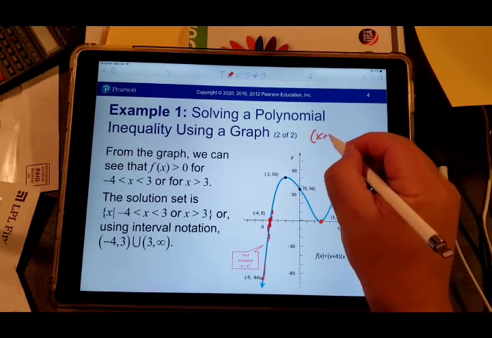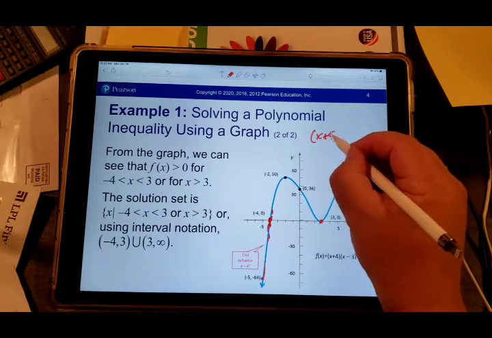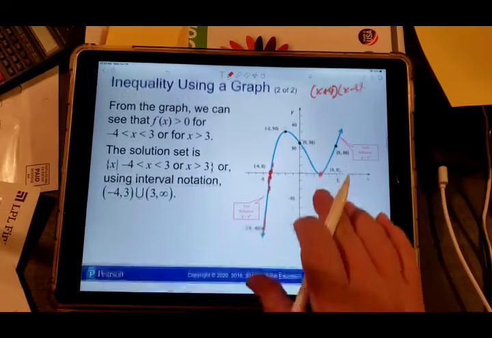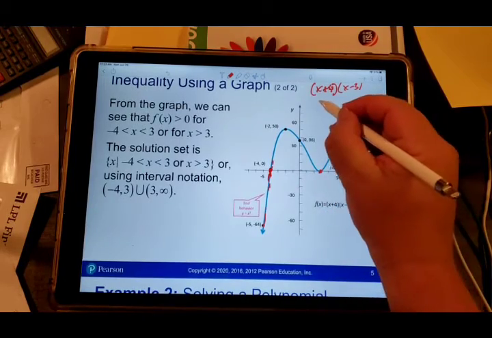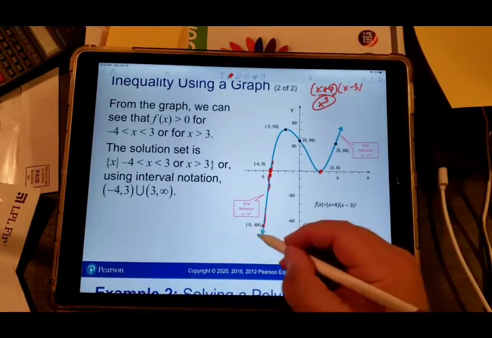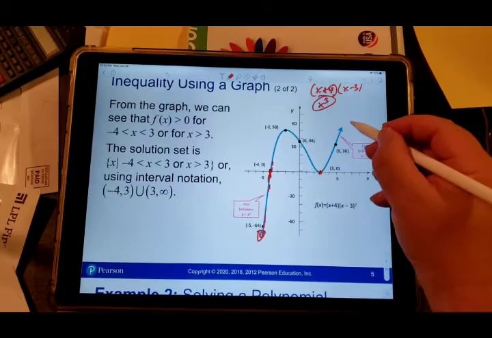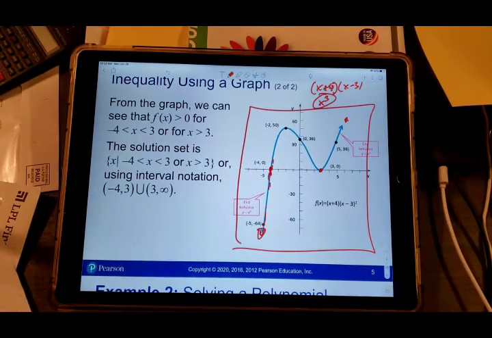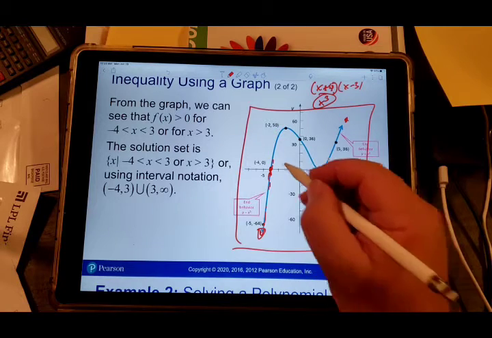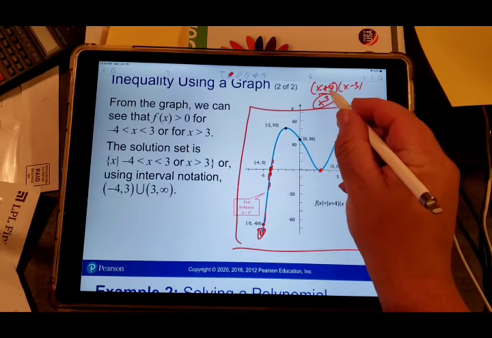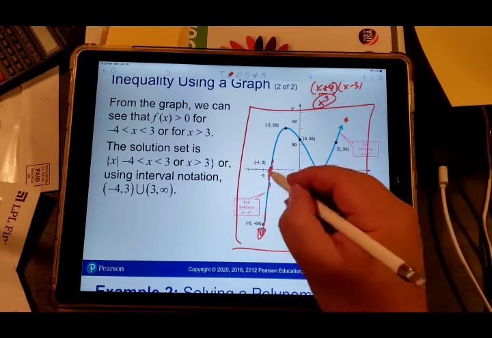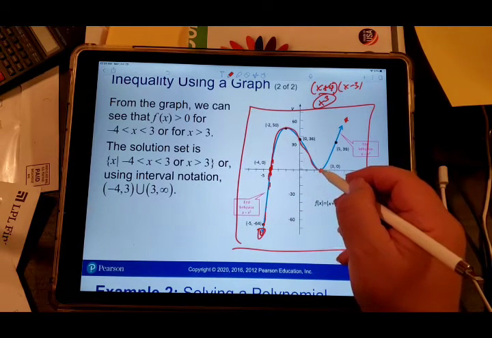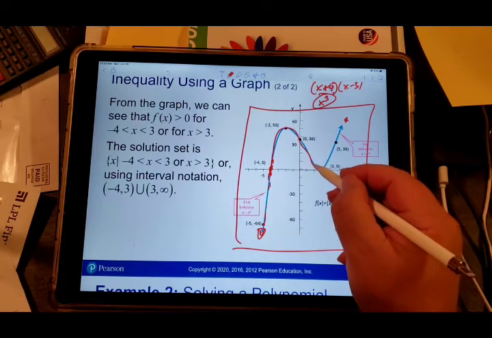It was x plus 4 to the first power and x minus 3 squared. So we know that this is going to behave like x cubed, and that it's going to leave the box in these quadrants. At the 0 with multiplicity 1, it's going to cross. And at the 0 with multiplicity 2, it's going to touch.